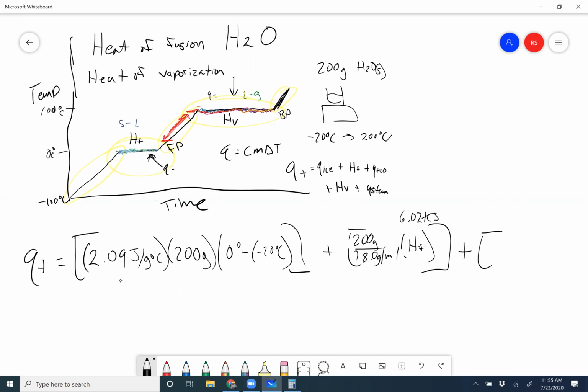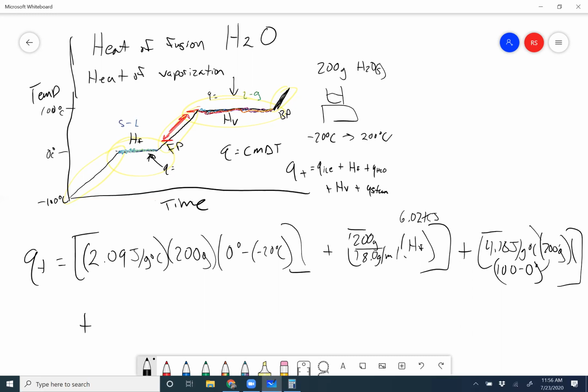Now we're doing the temperature change from 0 to 100. So that would be our 4.18 joules per gram degree C, and then times our 200 grams, and then multiplied by the temperature change, which in this case will be 100 minus 0, so 100.